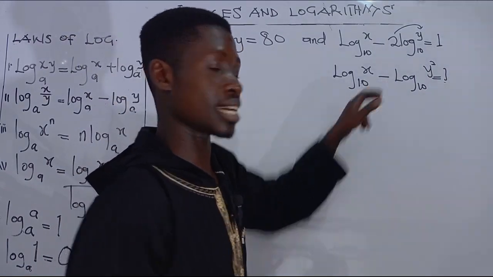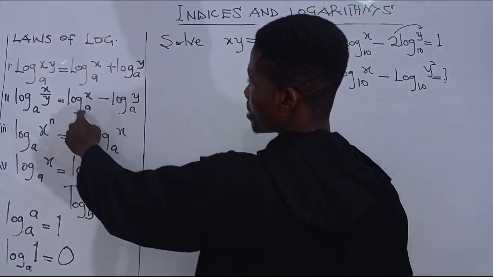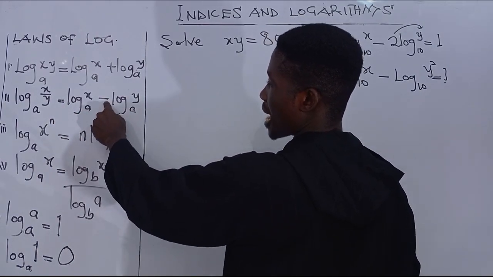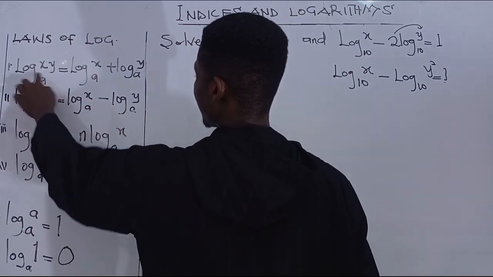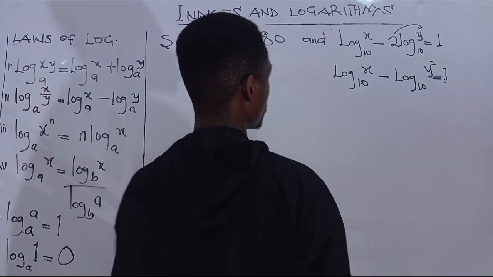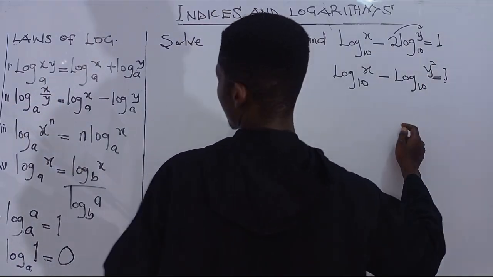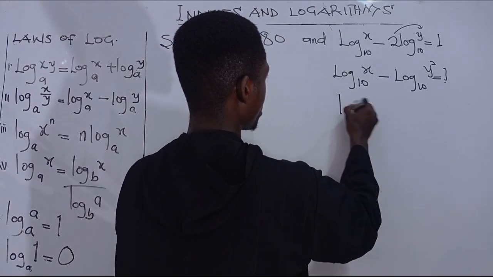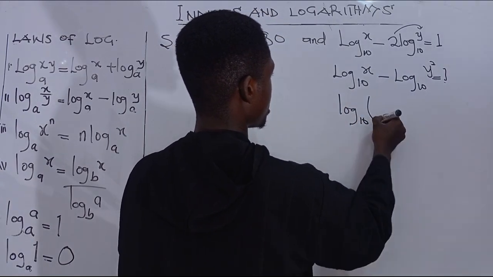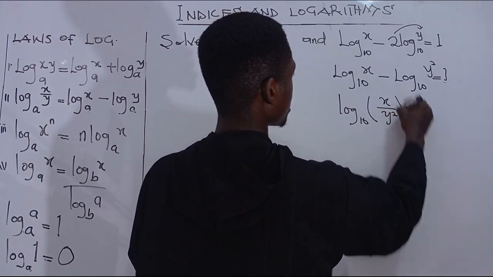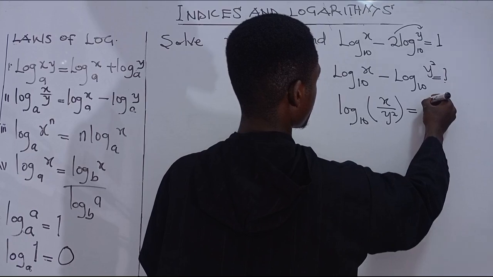Now looking at this, we have log to the base of 10, log to the base of 10, and a minus sign between them. So we can apply the division law for logarithms to write this in this form. We pick one of the logarithms, and then we write it as x divided by y squared is equal to 1.